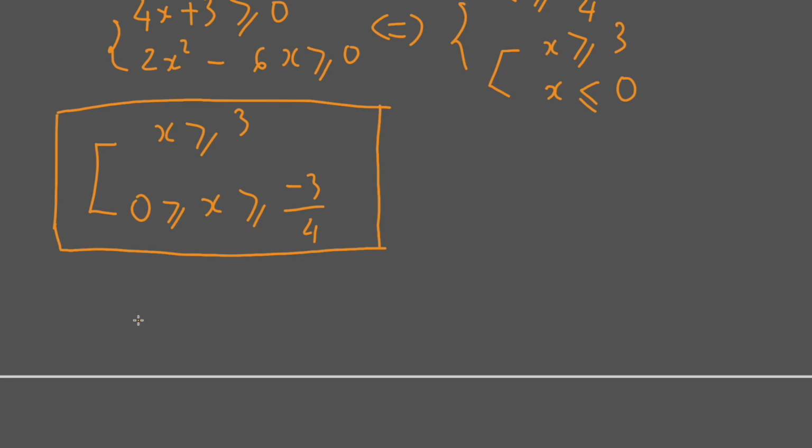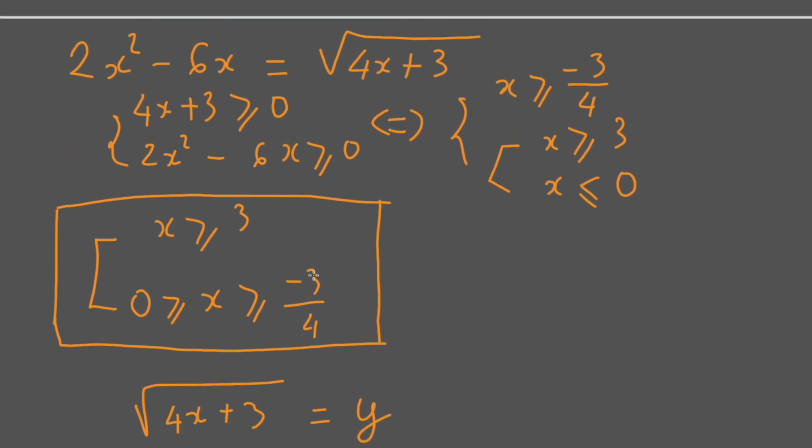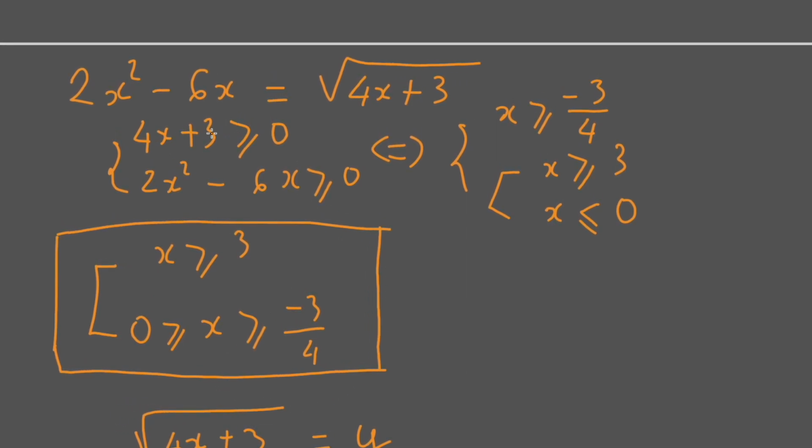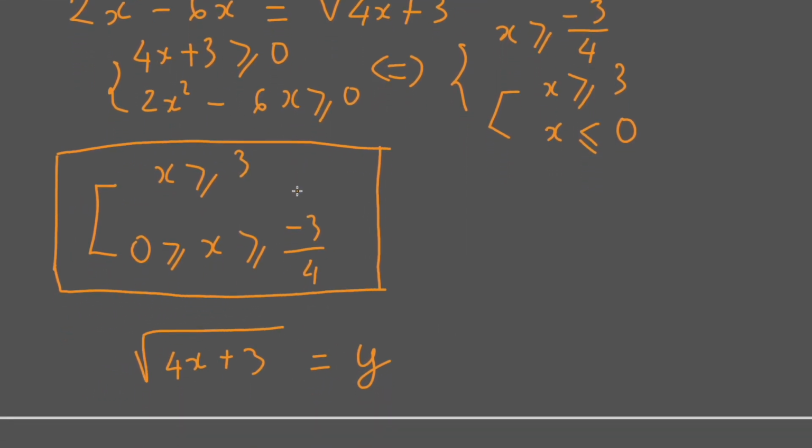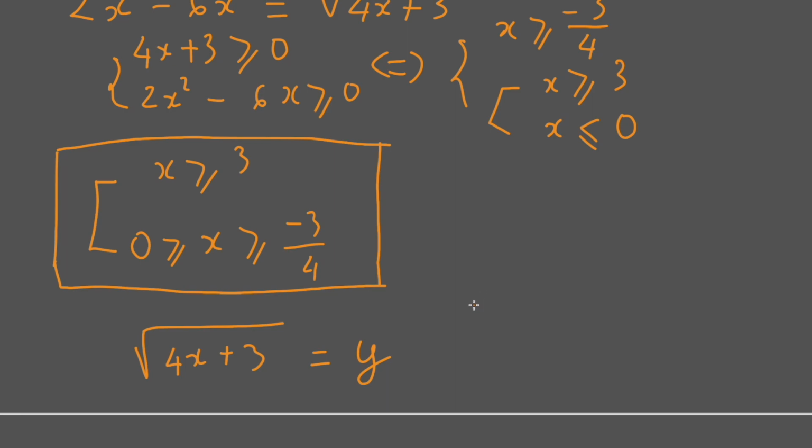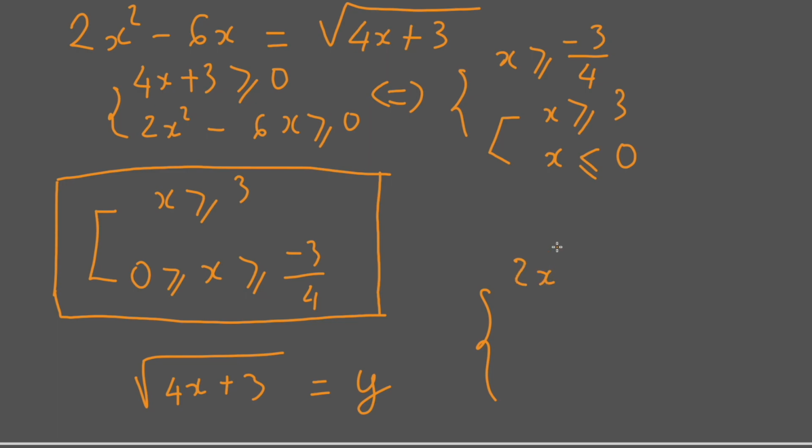We could put something like this: the square root of 4x plus 3 equals y, and replace y into the equation and convert into a system of equations like this: y, and y squared equals 4x plus 3.